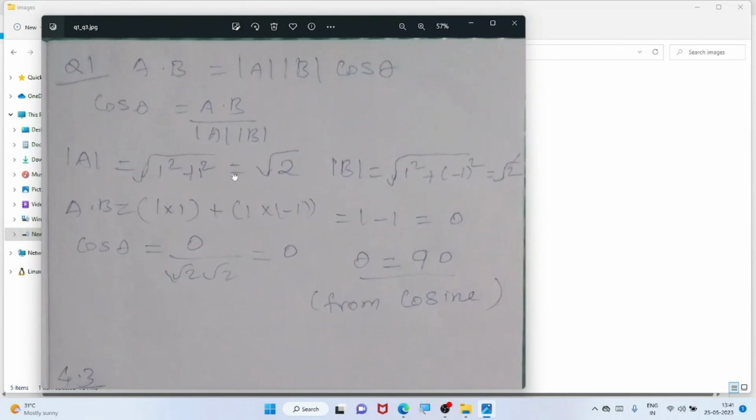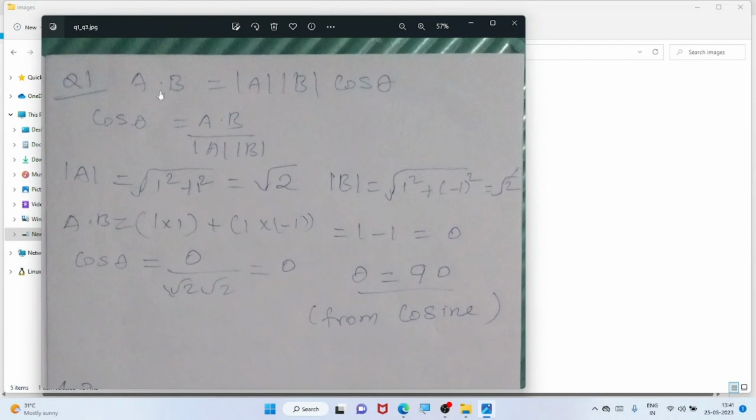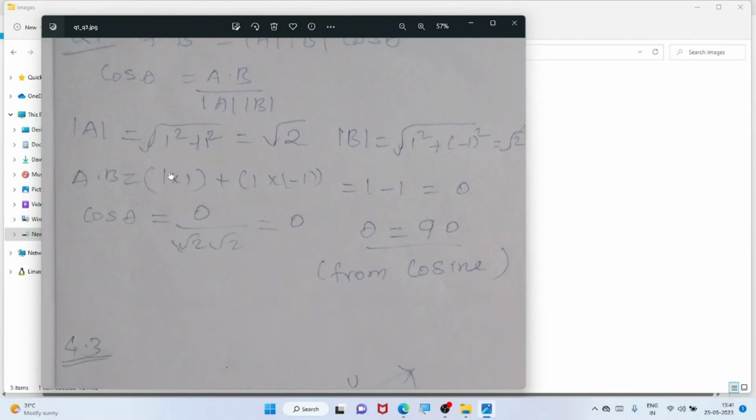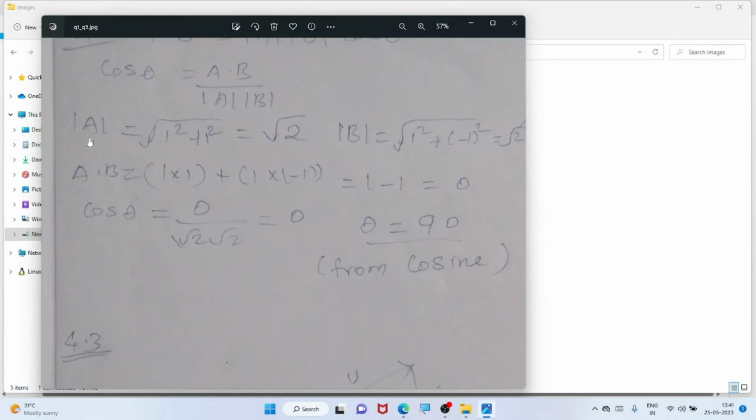Okay, so cos theta equal to A dot B by magnitude of A, magnitude of B. So A dot B, how will you find out? So this is the magnitude of A, i plus j, 1 square plus 1 square is root 2. Okay, similarly B is also root 2 because we are taking the magnitude.